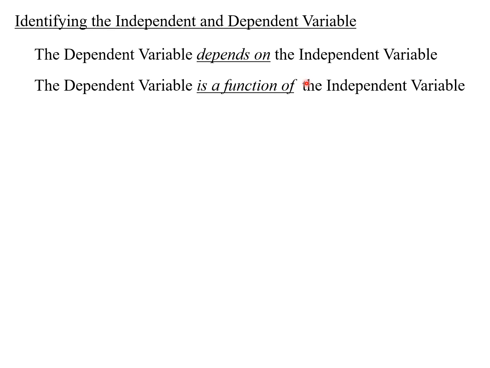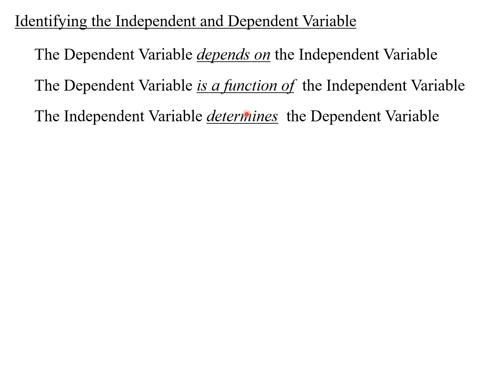The dependent variable is a function of the independent variable. Once again, if you see the words is a function of, whatever comes before is the dependent, whatever comes after is the independent. The independent variable determines the dependent variable. In this case, whatever comes before is the independent, whatever comes after is the dependent.